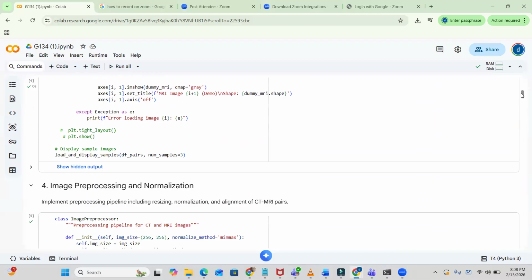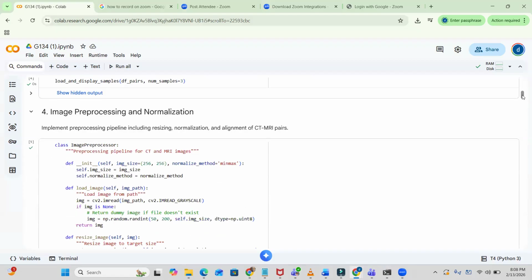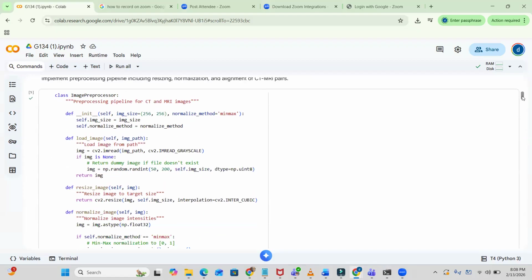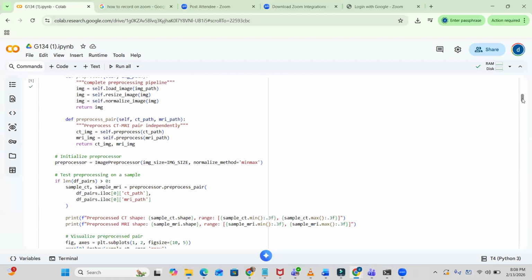Different physics. They use X-ray versus proton relaxation. So I've implemented a min-max normalization approach per modality, rather than forcing them to match, preserving their unique identities, and then preparing them for the model. So my part was the pre-processing and normalization, as you can see in the cell.